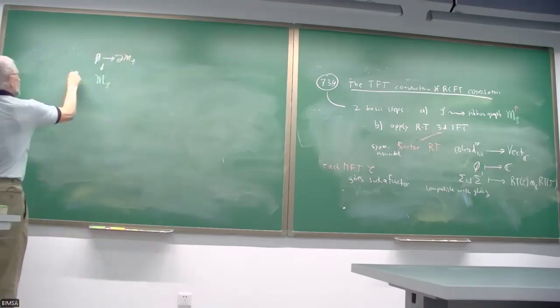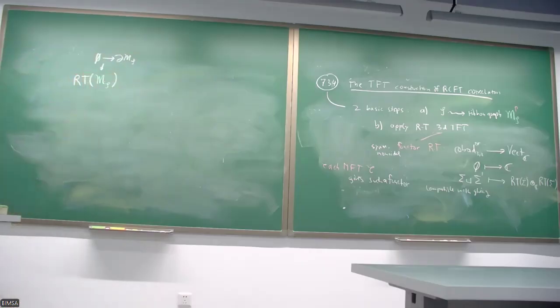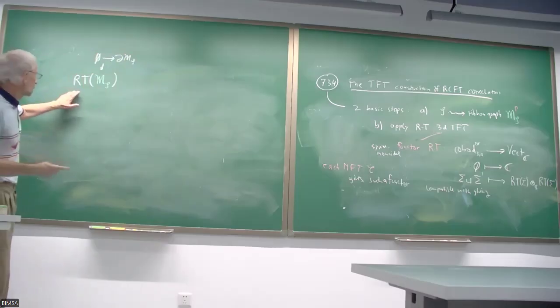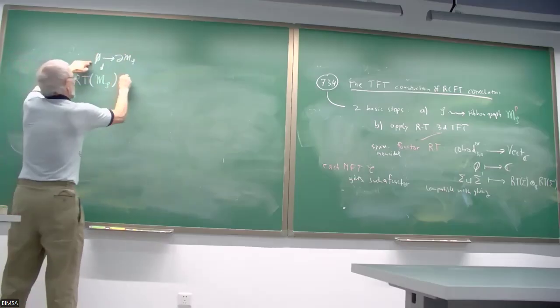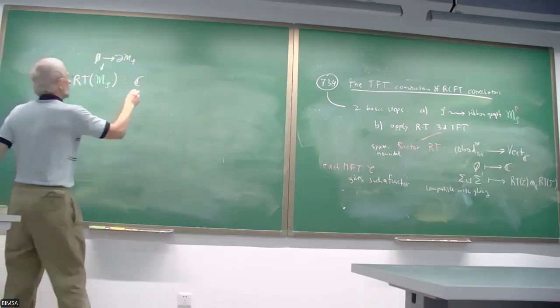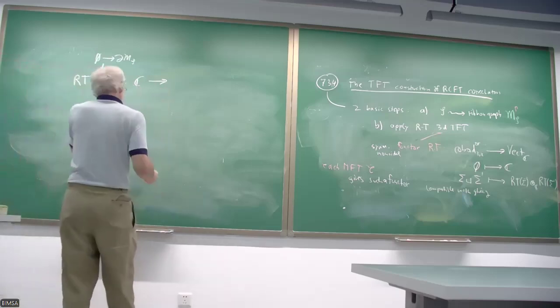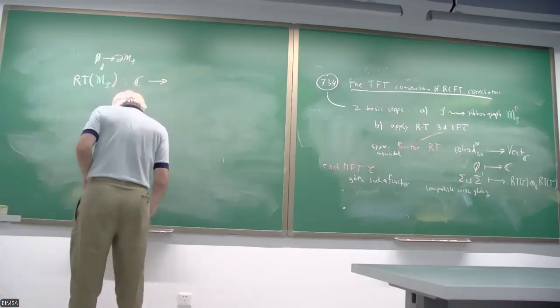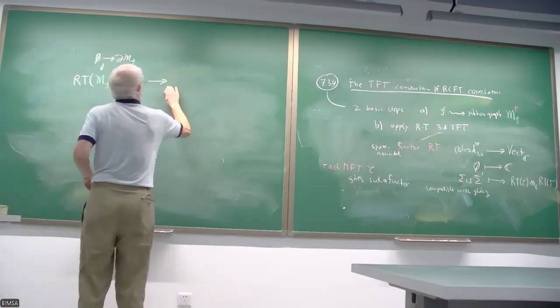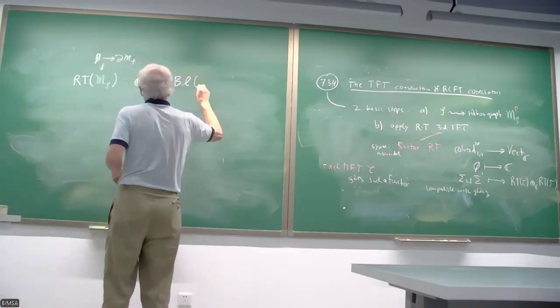So if we now take the Reshetikhin-Turaev functor, then we will get a linear map from the vector space associated to the empty set, which is the complex numbers, to the state space for the boundary, and this state space we interpret as the conformal block space.